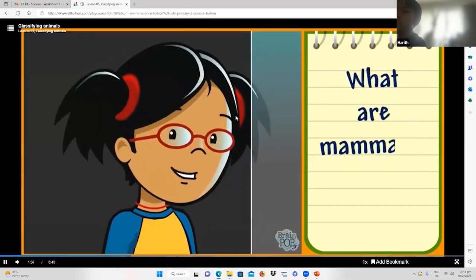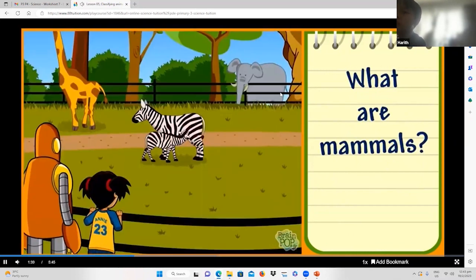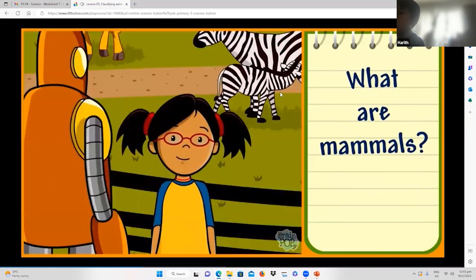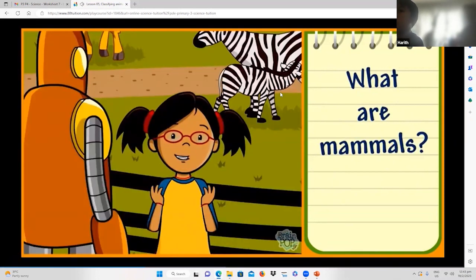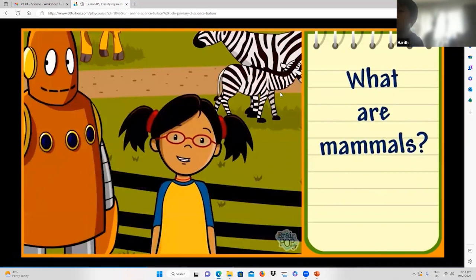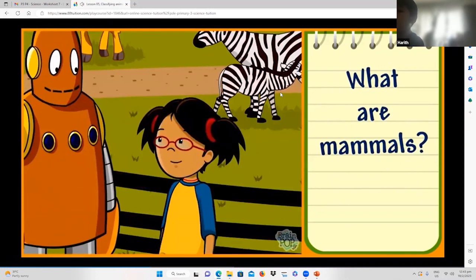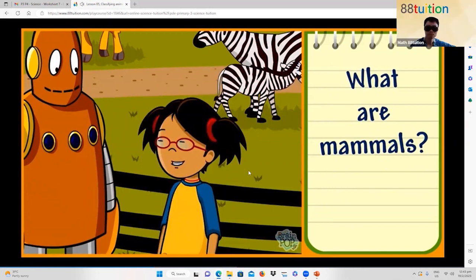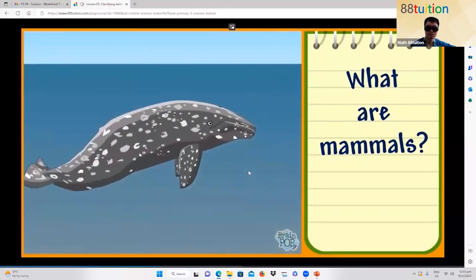What are mammals? Mammals are vertebrates that get milk from their mothers when they are very young. They breathe air with lungs and have hair or fur. Right, Moby? people are mammals. Some mammals live in water, like whales.